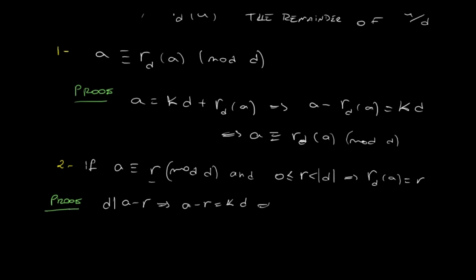So A equals k times t plus R. But if 0 is smaller or equal than R, smaller than t, then this R has to be the one we got from the algorithm. Then R equals R t of A.